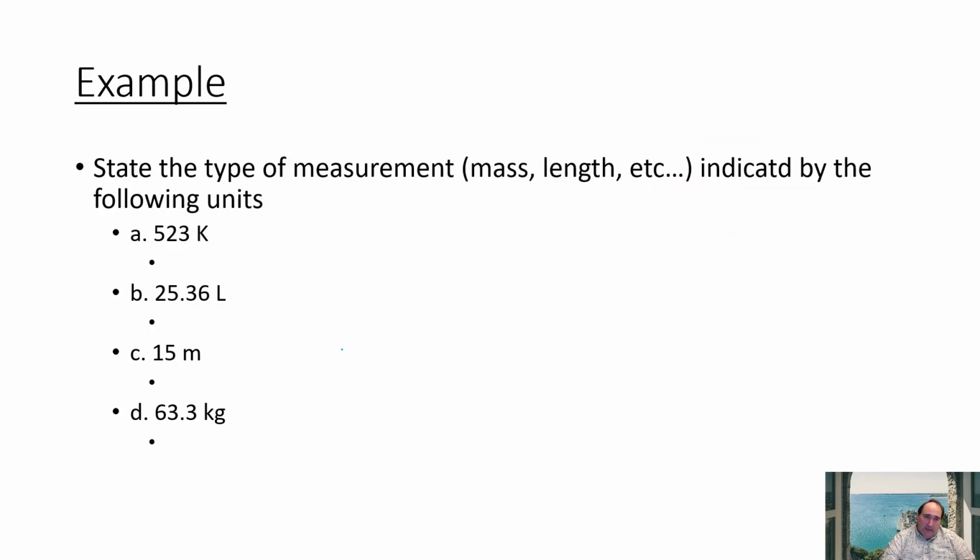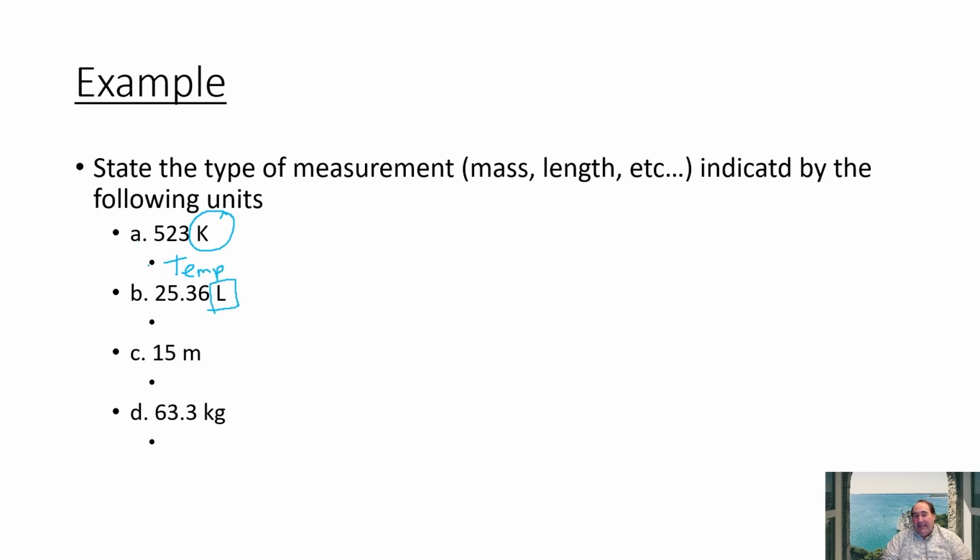All right, so continuing on here, talking about some different types of units. Let's take a moment here and think about what each of these units represent in terms of what type of unit we're dealing with. So here, we're really looking at our K, which is Kelvin. So that is definitely a temperature that we're looking at.